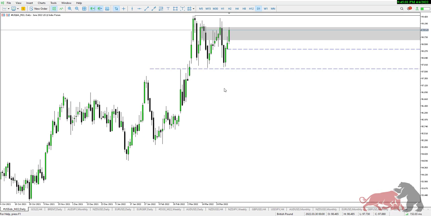Or if you decide to do USD CHF, USD JPY, or USD CAD, do the top-down analysis on those pairs. That is going to help you and support you in looking for longs on those pairs.